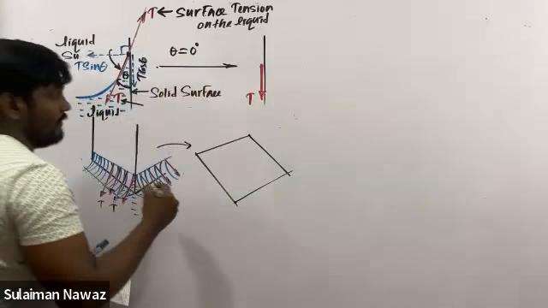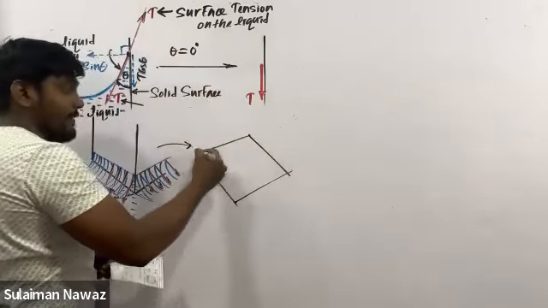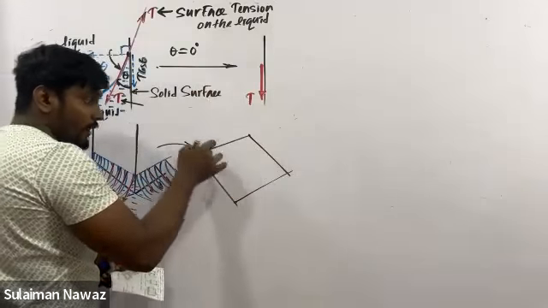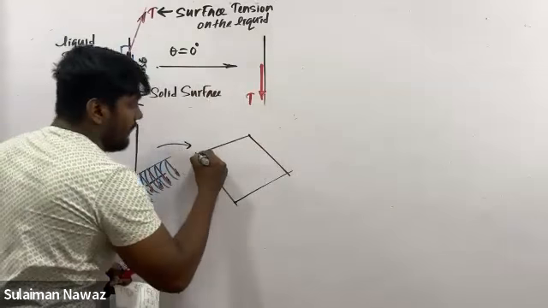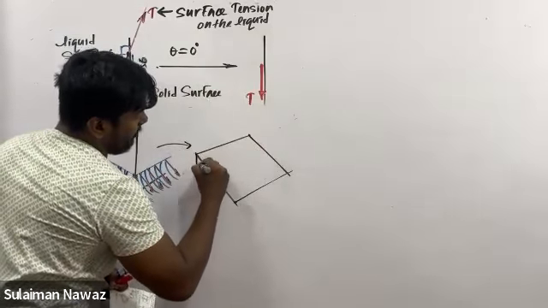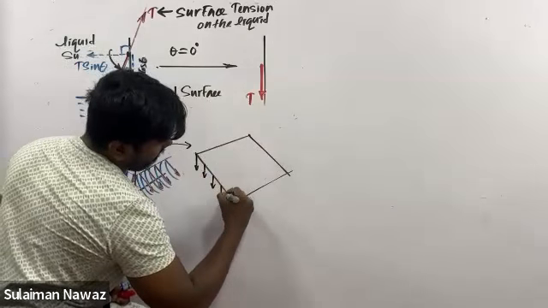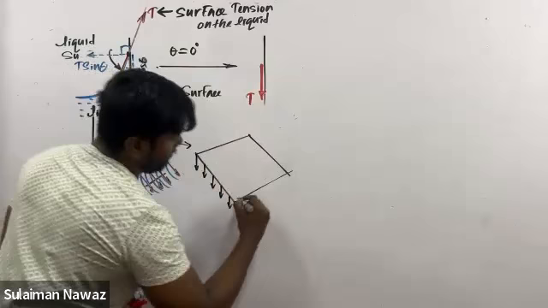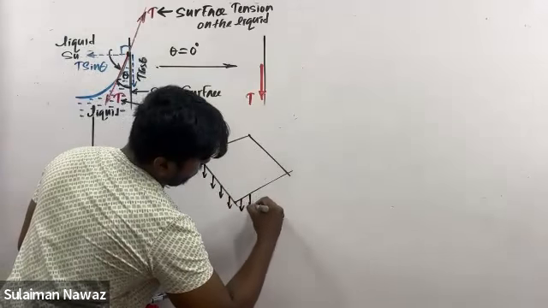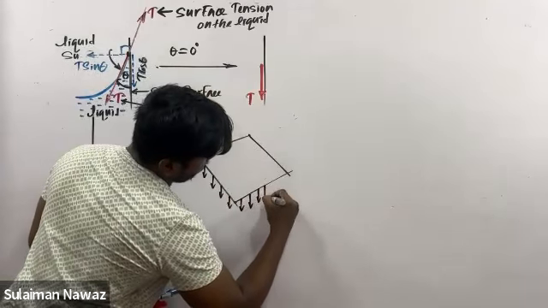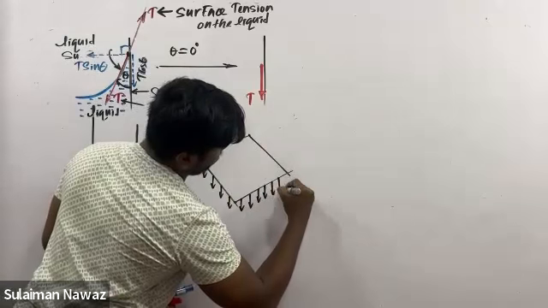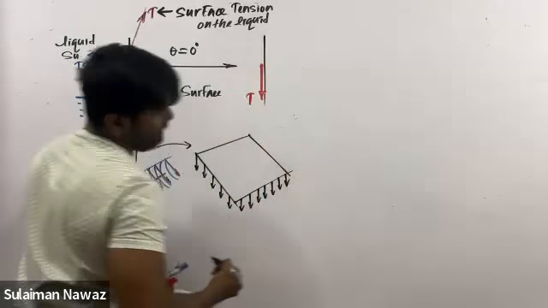In that case, along this perimeter of the solid, there will be surface tension forces acting this way. Black color T cos theta components.